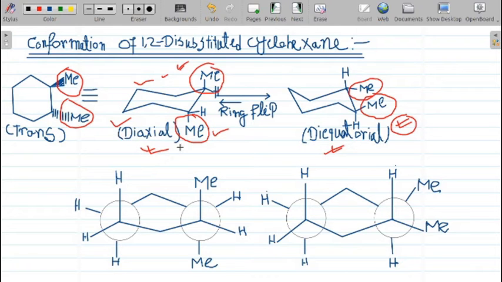Now we will consider the Newman projection of this diaxial conformer, where we will consider the torsional strain of the structure. This is the Newman projection of this diaxial conformation.